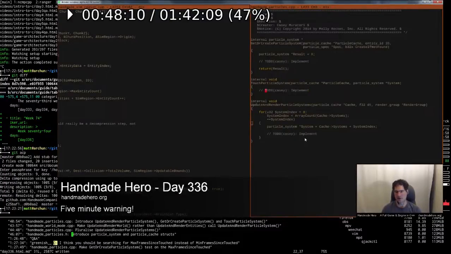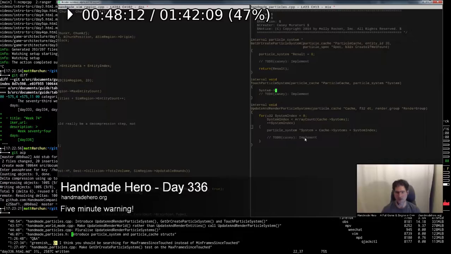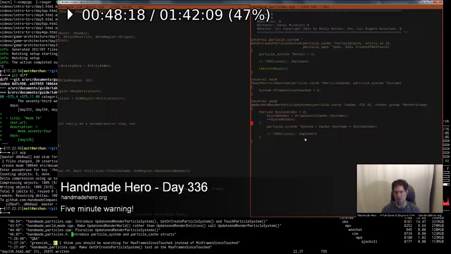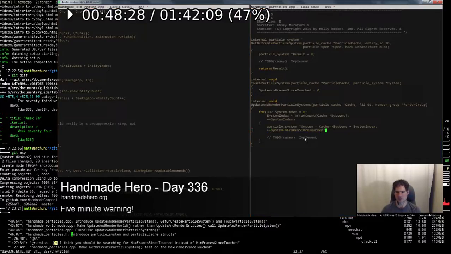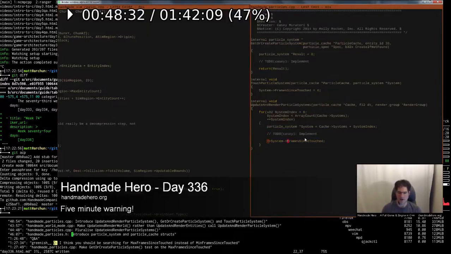When we touch a particle system, maybe we just say frames since touched equals 0, and maybe that's all there is to it for now. Maybe we'll move them up in a list or a heap in the future. But in the loop through the systems, every time through we increment that touch amount.